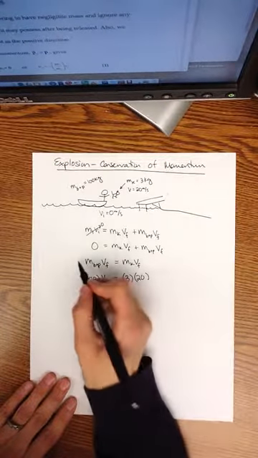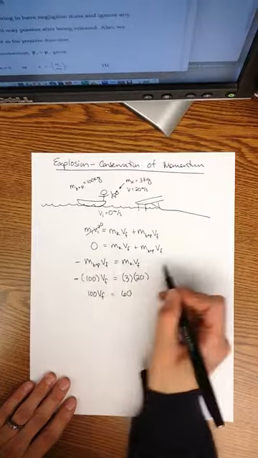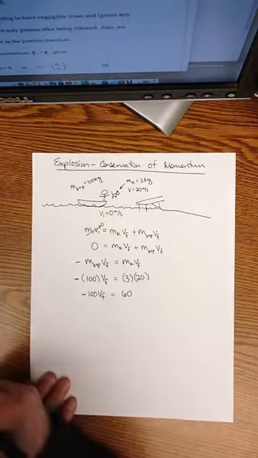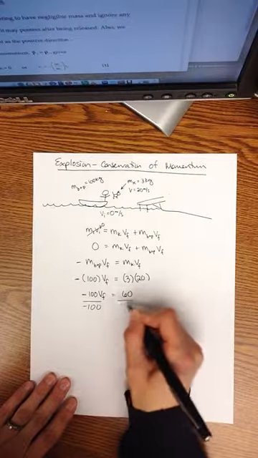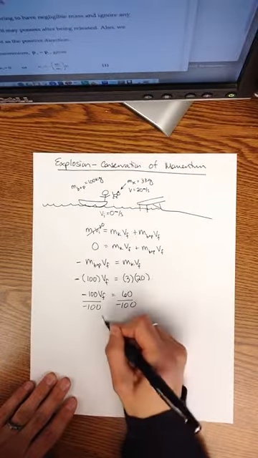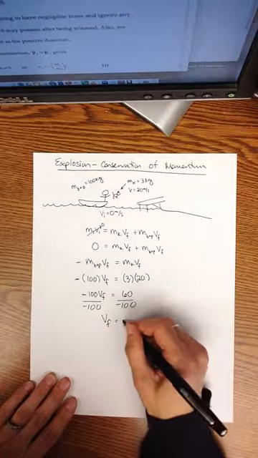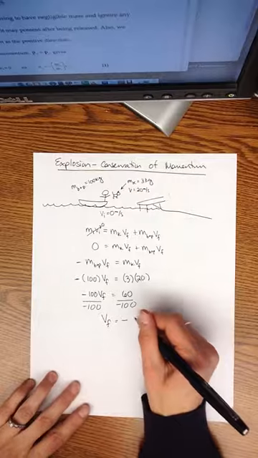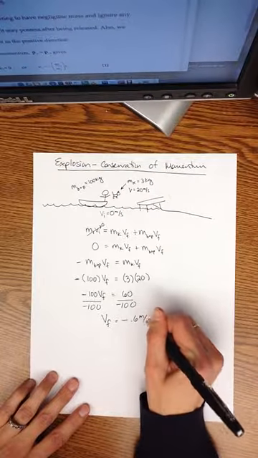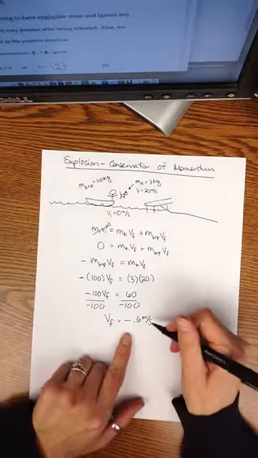Oh, I'm sorry, I forgot. There should be a minus sign over here, because I subtracted that to the other side. And so then I'm going to divide by negative 100. So I get V final is equal to negative 0.6 meters per second. That's the final velocity of me in the boat.